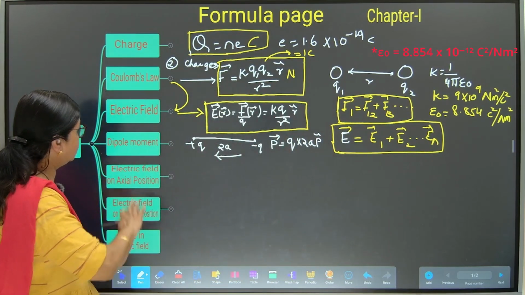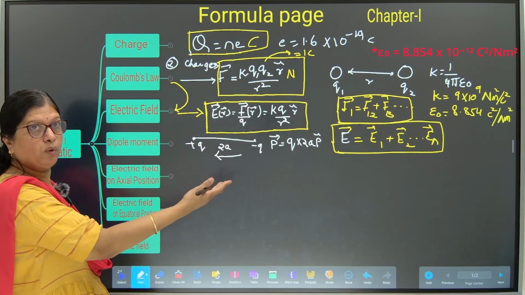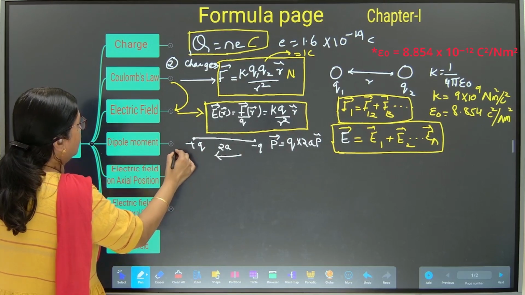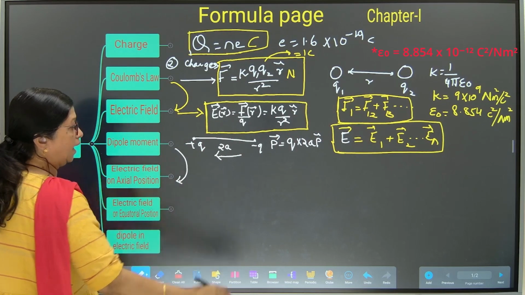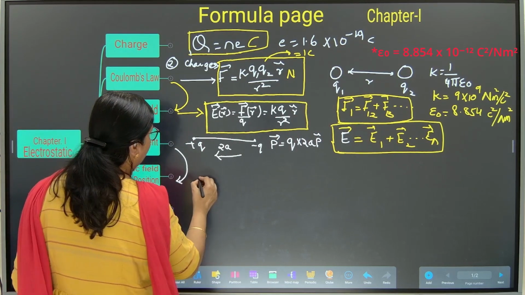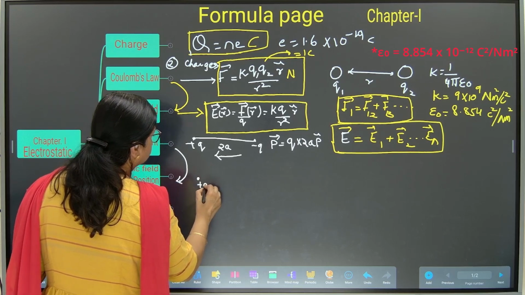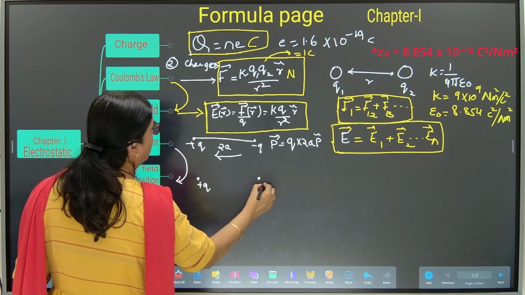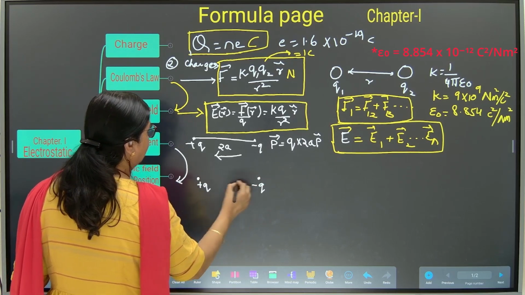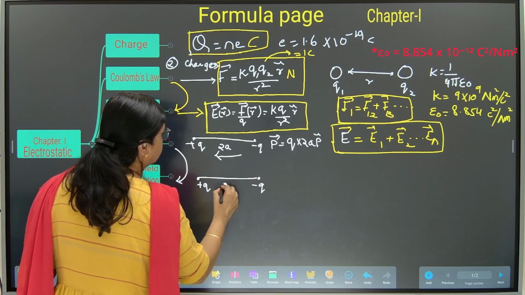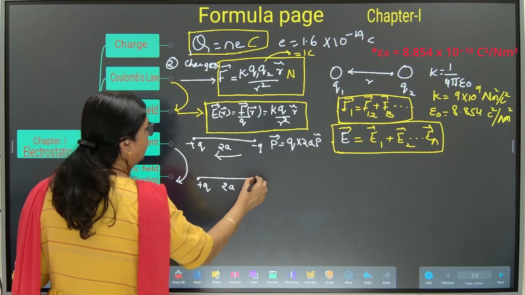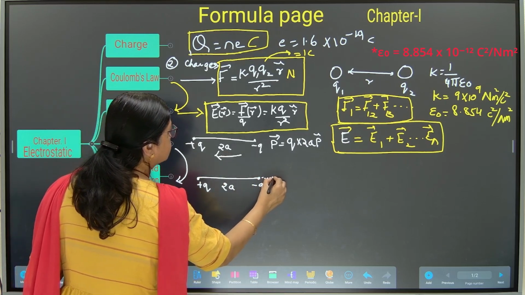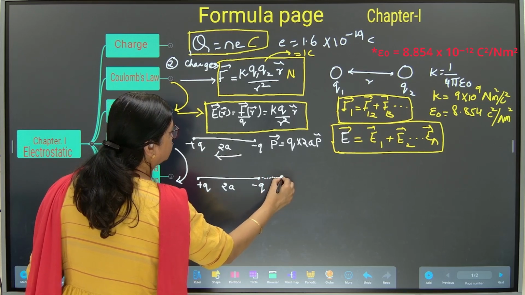Now, let us place this dipole in a situation where we want to calculate the formula of the electric field at a point which is on the axis of the dipole.